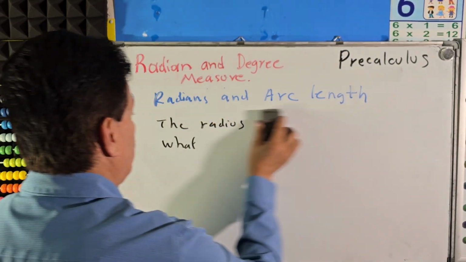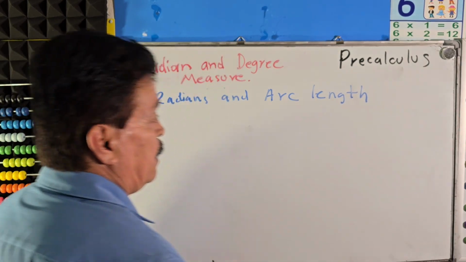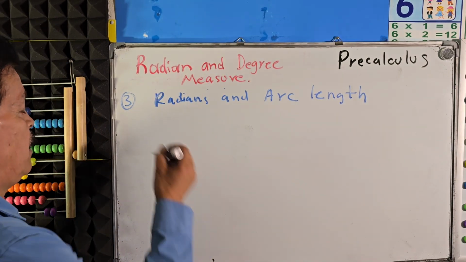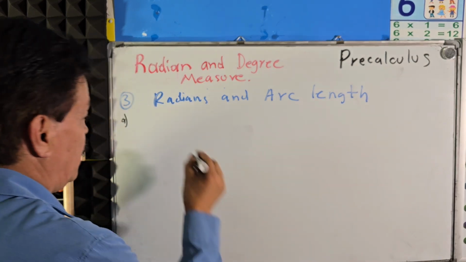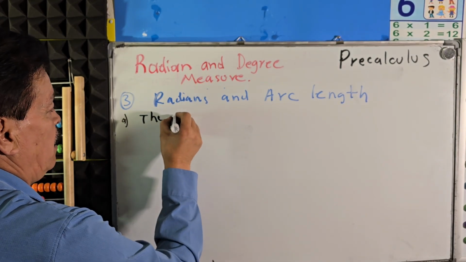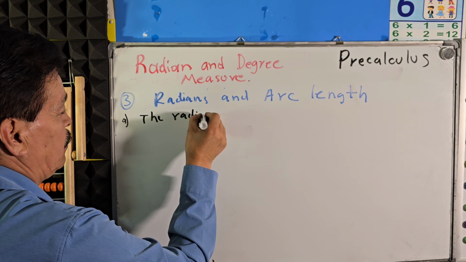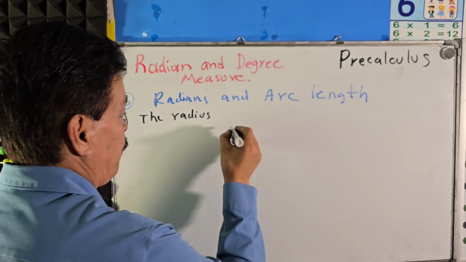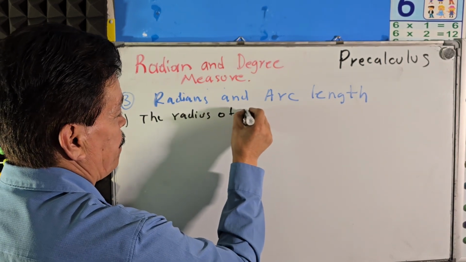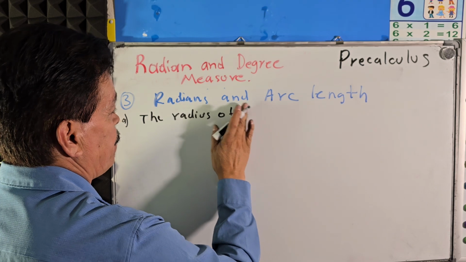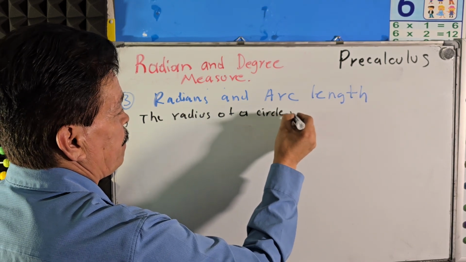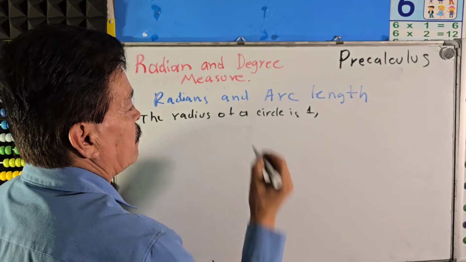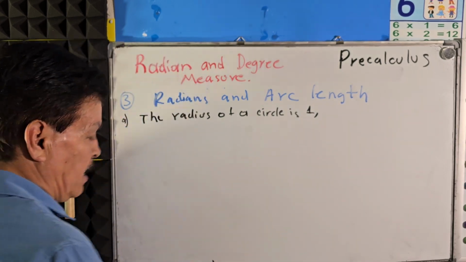Let me make it smaller because I need to keep this problem. Our problem: the radius is 1.